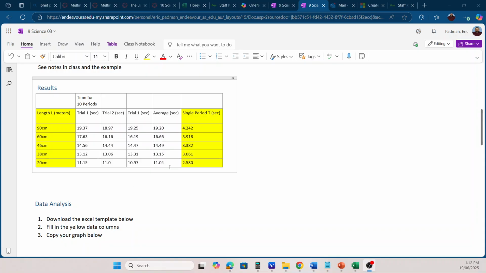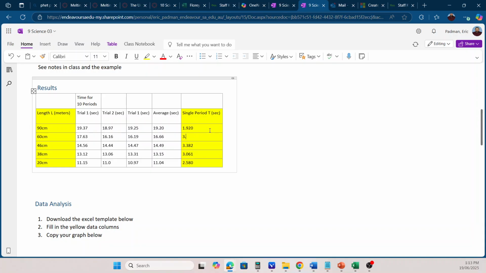Looking here, we've now fixed up the averages. We also need to fix up this other one here, because the single period is 1/10 of the average. So we need to take these values and divide by 10. That's pretty easy to do. All you've got to do is move the decimal place. So 19.20 becomes 1.920.